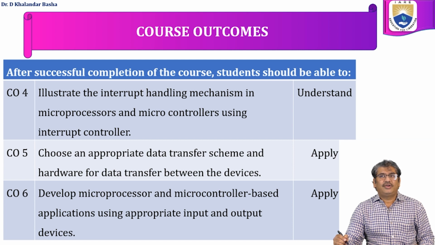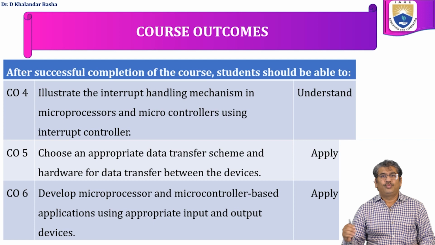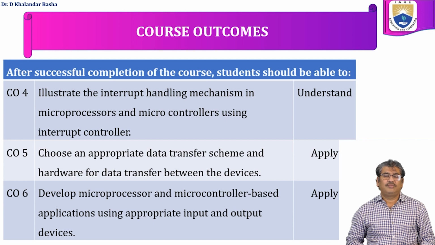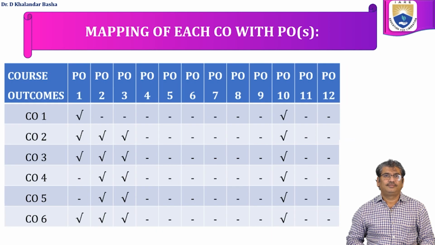The Bloom taxonomy level is understand. The course outcome 5 is choose an appropriate data transfer scheme and hardware for data transfer between the devices, with the Bloom taxonomy level apply. The course outcome 6 is for develop microprocessor and microcontroller based applications using appropriate input and output devices. So here the Bloom taxonomy level is apply.